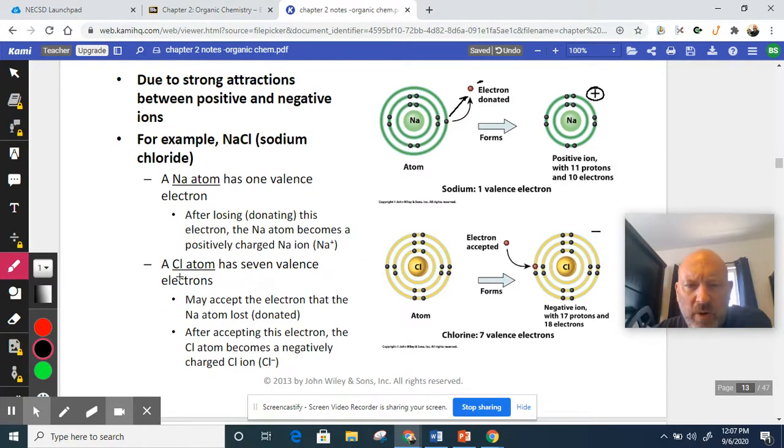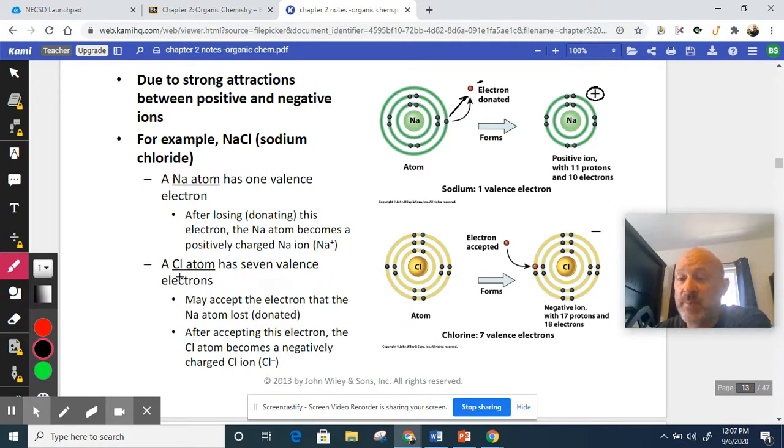Now, if we look at chloride, it has the opposite problem. If we count the electrons in chloride, you'll see there's 2 in the first shell, 8 in the next shell, so that's 10, but 7 in the last shell. This makes chloride very unhappy because it was so close to filling the shell. It just needs 1 more. So it'll look for a free electron. Just like how sodium gave this 1 up, chloride would be interested in accepting that.